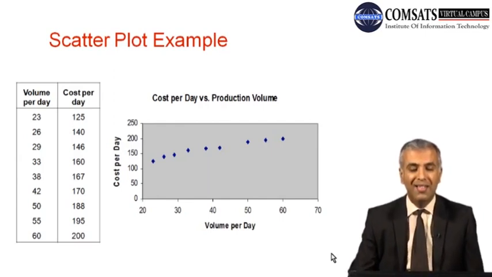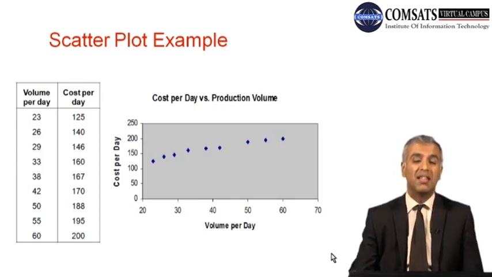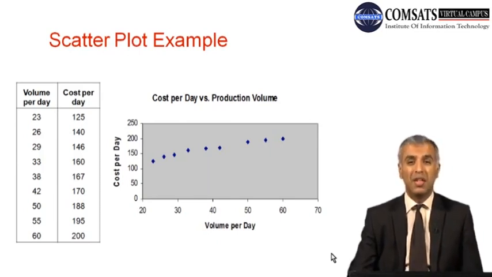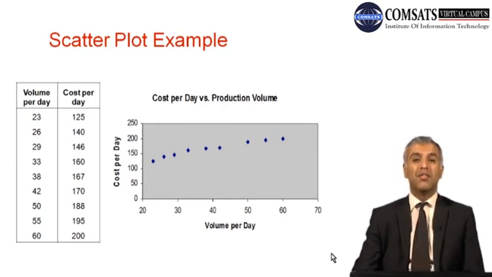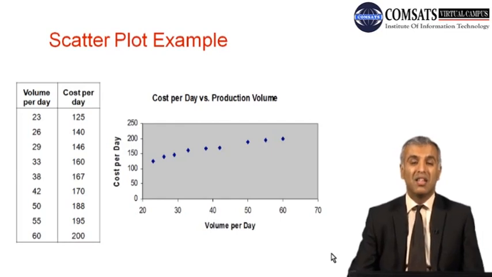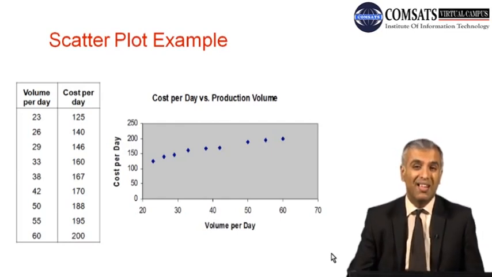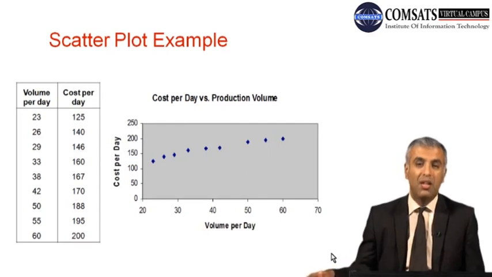The initial scatter plot gives us a faint idea of whether there may be some relationship between these two variables, and based on that we can decide whether to go ahead with further analysis to find concrete evidence of a relationship between these two values.